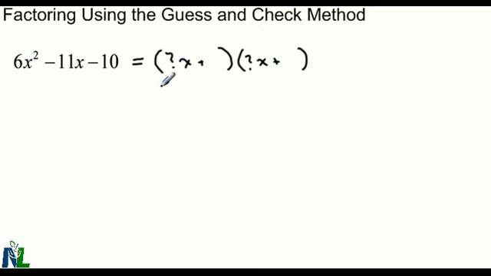So what I'm going to try are 2x and 3x. If I do that, I know that 2x times 3x is 6x squared. The second thing I need to look at is I need two numbers that multiply to give me 10, but in this case, negative 10. So what comes to mind is 2 and 5.